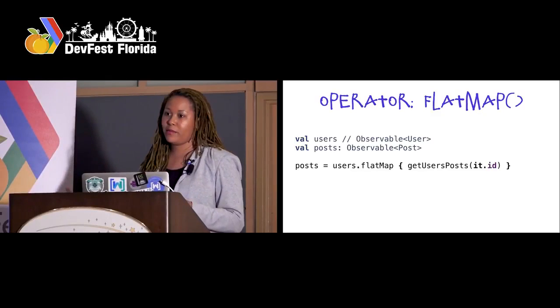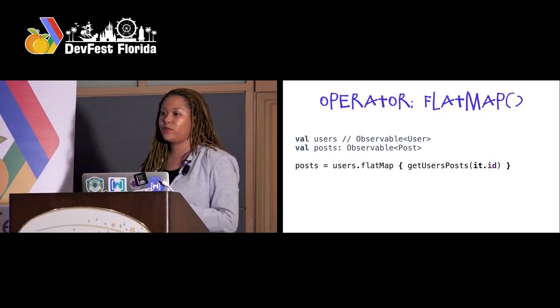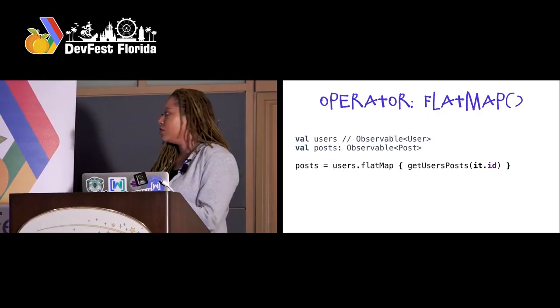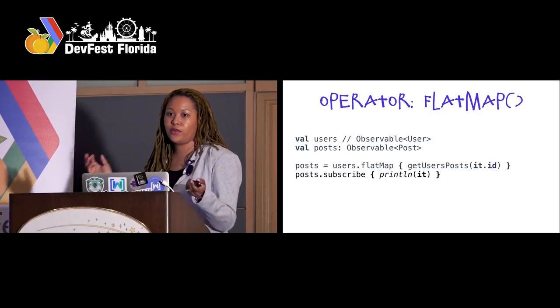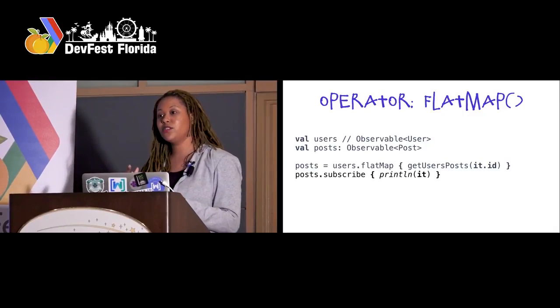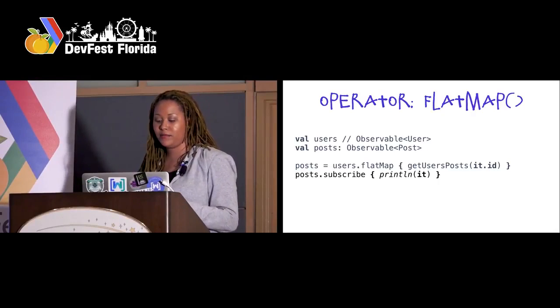You can use flatMap to go through every single user, get all of their blog posts on a separate thread, and then have them all collected back to you so that your subscriber can just go through and work with only the blog posts. They don't have to be concerned with the users, and they don't have to wait. Everything can just happen asynchronously.